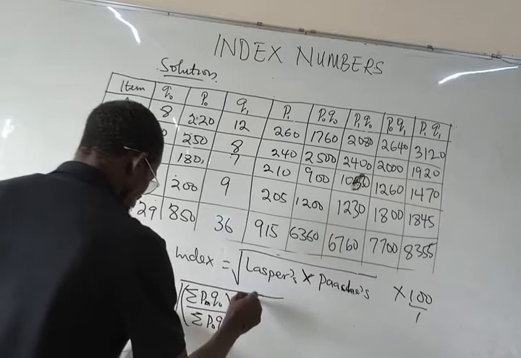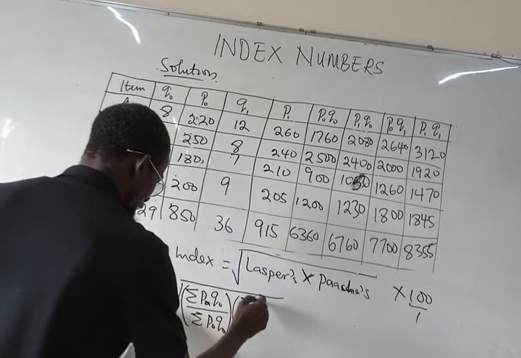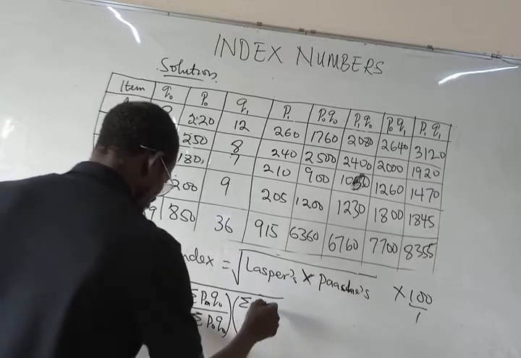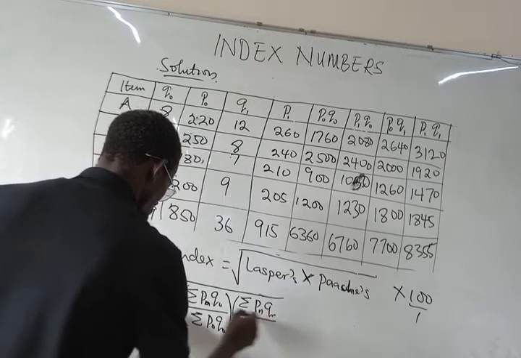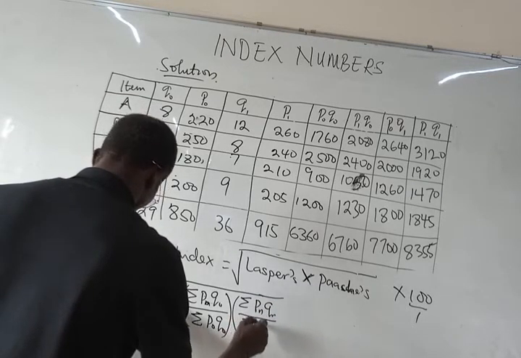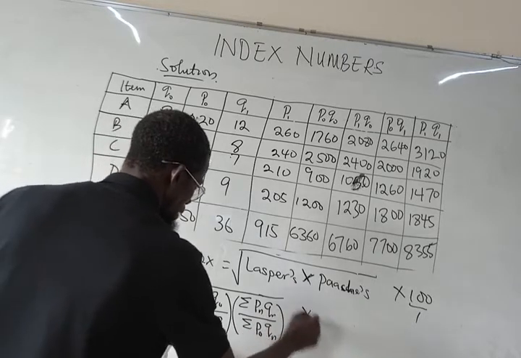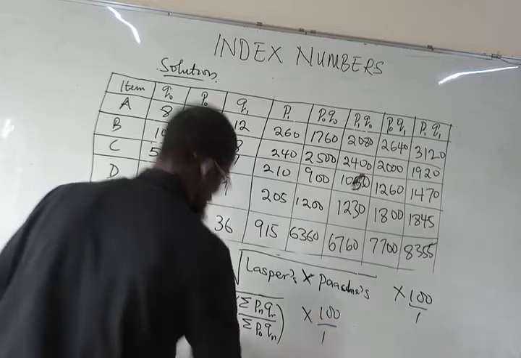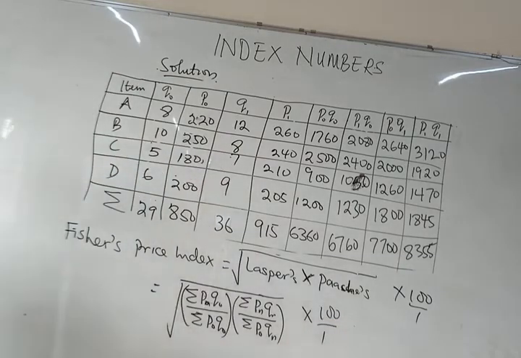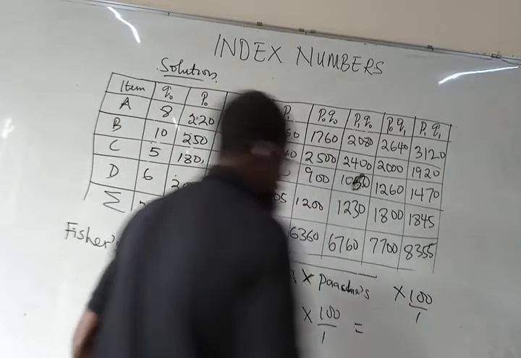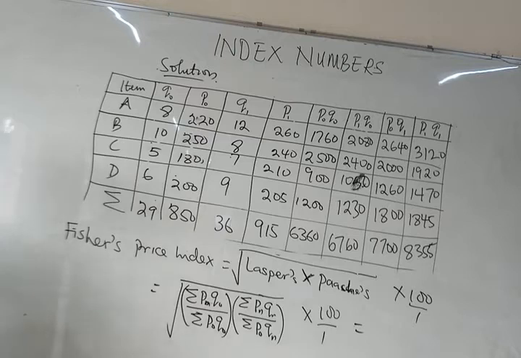Then you have the summation of Pn Qn over the summation of P naught Qn, that of Paasche. Then multiply everything by 100 over 1.